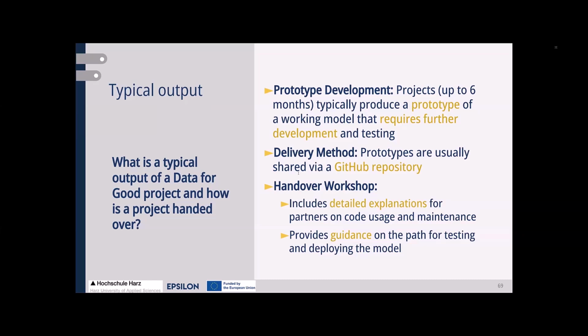So this means normally the code is handed over and the usage and a clear guidance of how to use the prototype. Because we have to have in mind that social organizations ask for help in the field of data science because they don't have the capacity for that. But they need the competences to deal with the result and to handle the results once the data science team is finished.